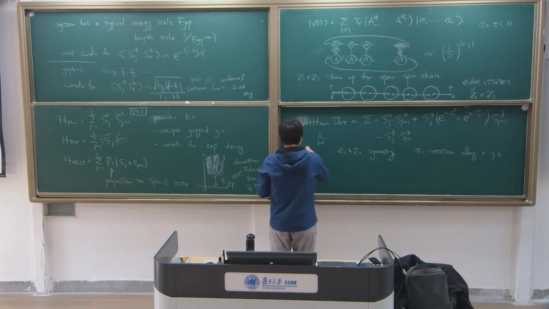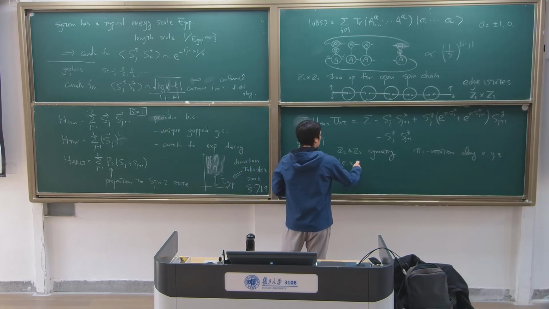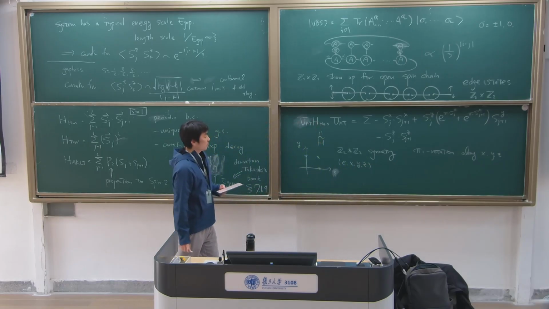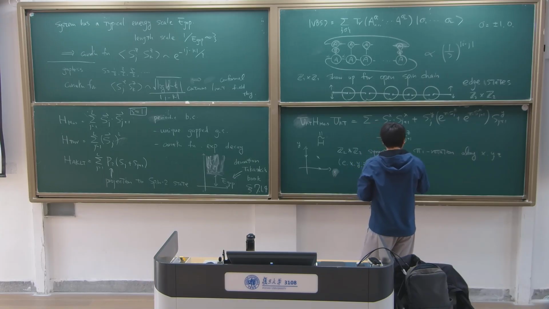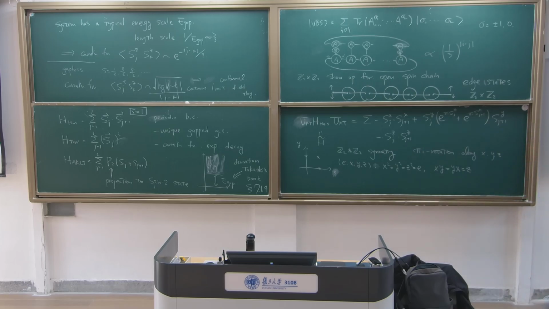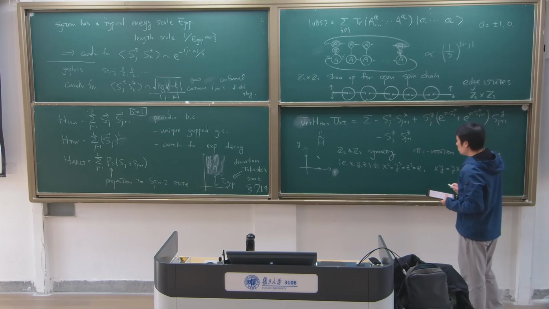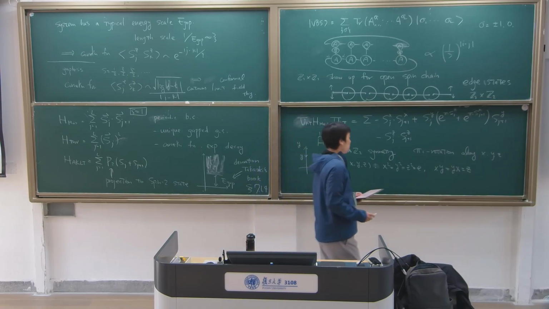So as I mentioned many times, D2 cross D2 has the trivial element E, and X, Y, and Z. The relation is x squared equals y squared equals z squared equals E, but xy equals yx equals z, and so on, everything is equal.